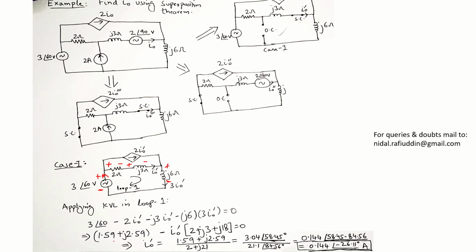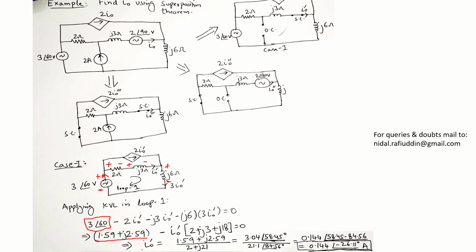And when we further solve this, we are going to convert 3 angle 60 into rectangular coordinates using our calculators. So this is given here: 1.59 plus 2.59j. These are the rectangular coordinates of 3 angle 60. Then we solve this relation, we are left with minus I naught dash, inside braces 2 plus j3 plus j18, and what we get is 2 plus j21.